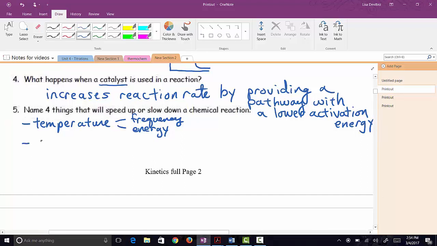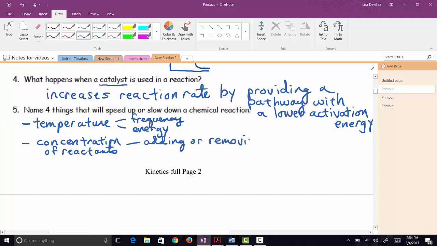The other thing is the concentration of the reactants. We can change the concentration by either adding or removing reactants.